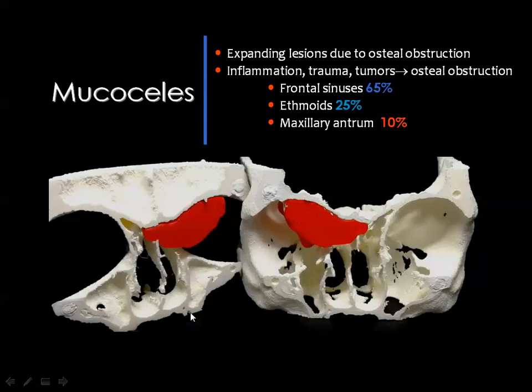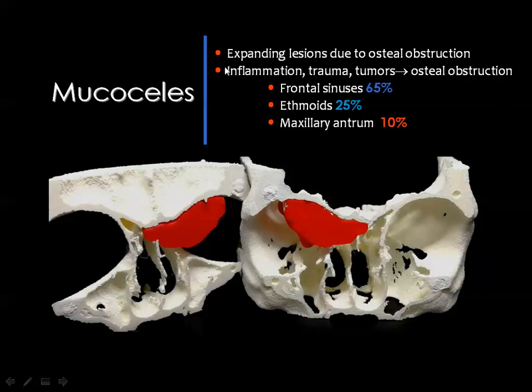Then we came to the mucocele, which are inflammatory lesions of the paranasal sinuses, leading to accumulation of secretion or inflammatory material inside the sinus, which in time will expand too much and encroach on the adjacent structures.